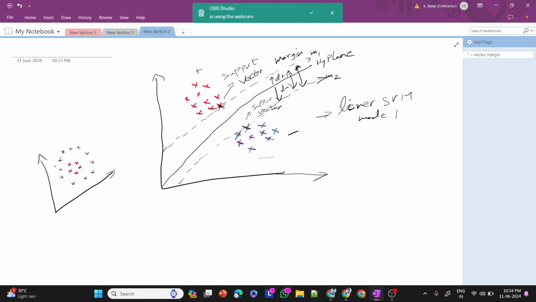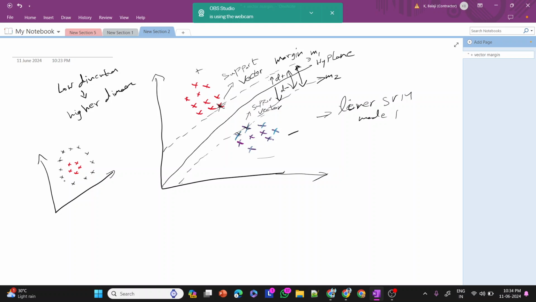We use some kernel technique. By using this kernel technique, it will convert lower dimension to higher dimension. Whenever we get non-linear data, the SVM will convert that low dimension data into higher dimension data.